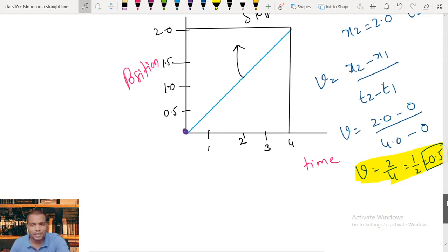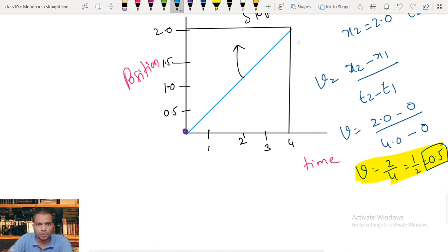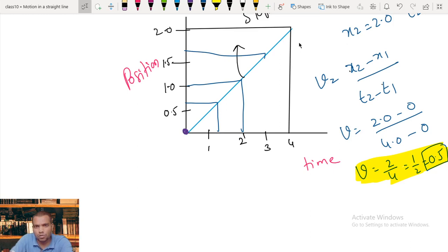Now how can we represent this in the velocity time graph? Wherever we find slope, suppose I want to find slope at whichever position, since it's a straight line from here to there or here to there, any point you find, the slope is constant, it means velocity is constant.